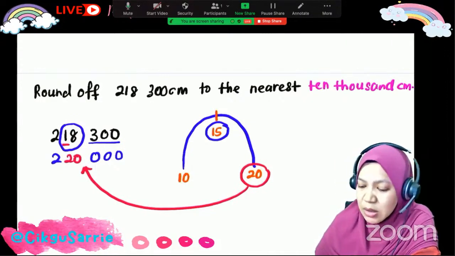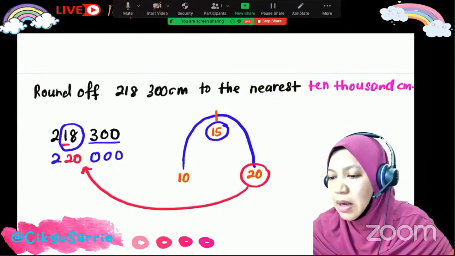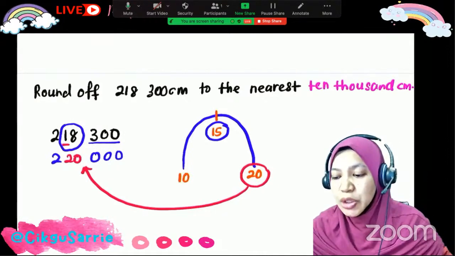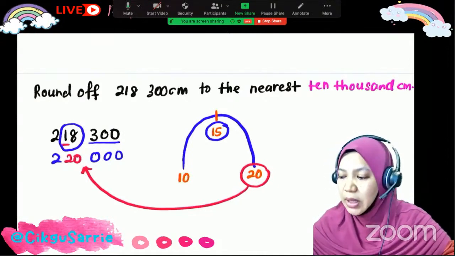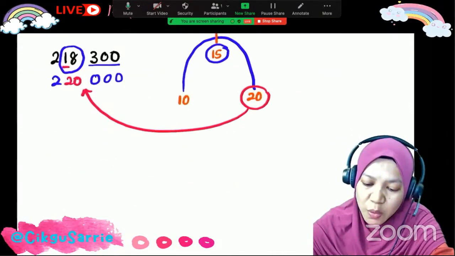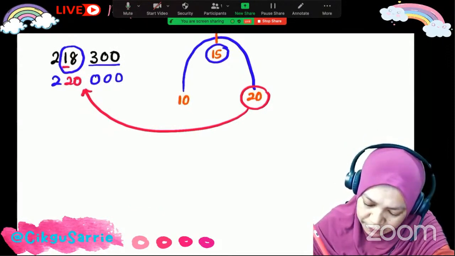Okay, so that's all for today about estimation and rounding off. You will do an exercise. I will give you homework here. The homework is on page 18.